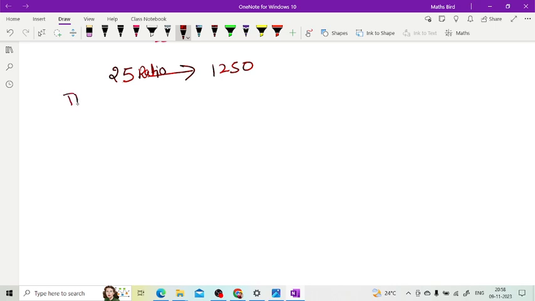So the value of 1 ratio will be less or greater? It will be less now. For less we need division. So this is 1250 divided by 25. So for 1 ratio we can find this, and the value is 50, meaning 1 ratio is equal to 50 rupees.